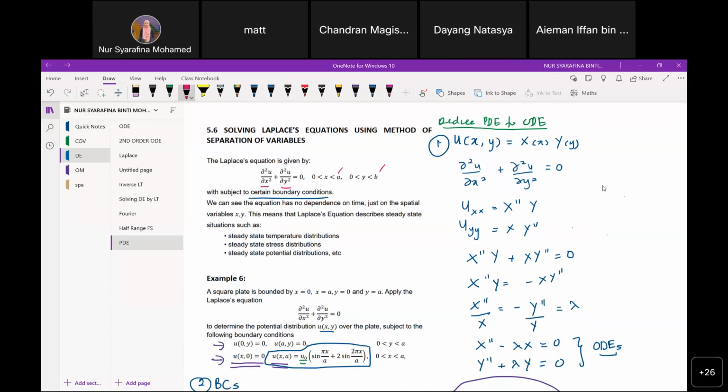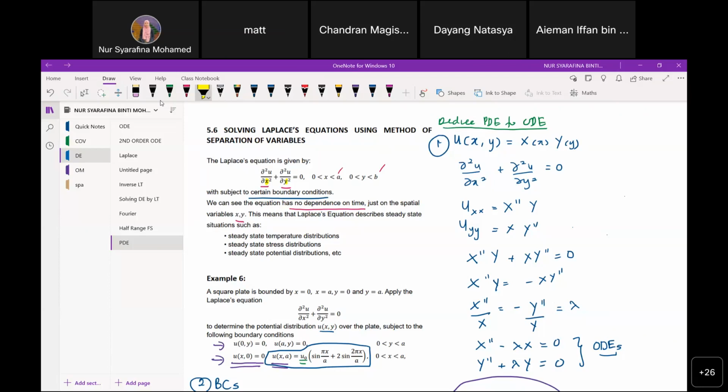Now, as you can see, there is no time involved in the Laplace equation. There is no dependence on time, just on the spatial variables, x and y. So this kind of Laplace equation can describe a steady state situation for temperature, for stress, or for potential distributions.